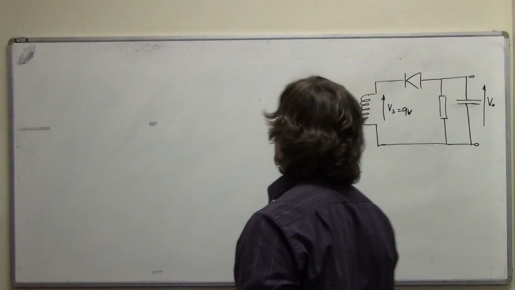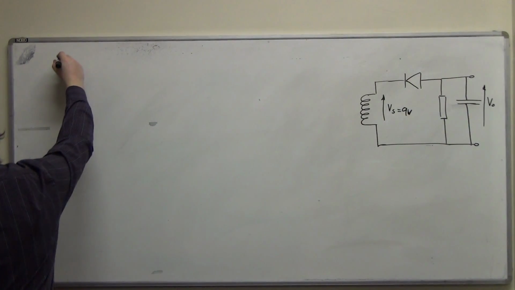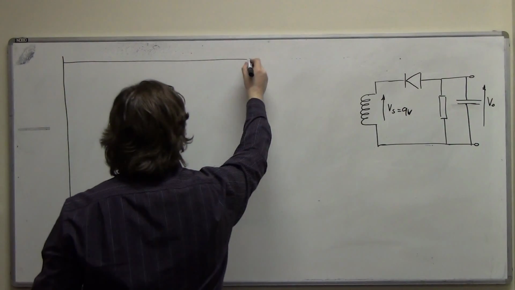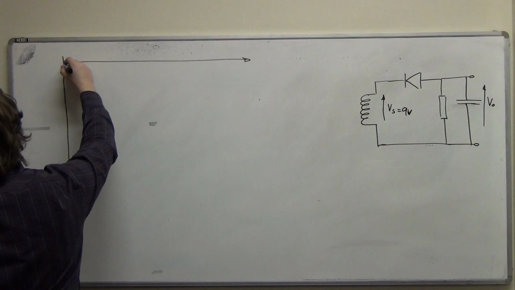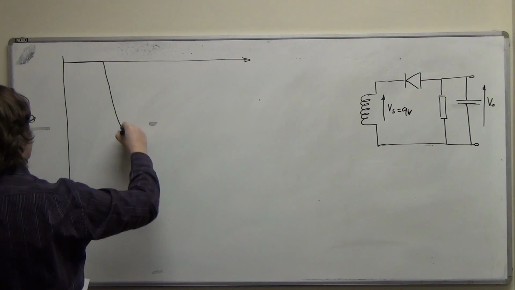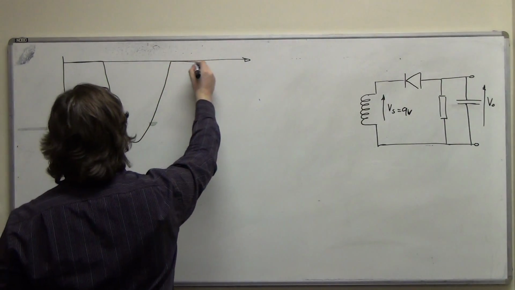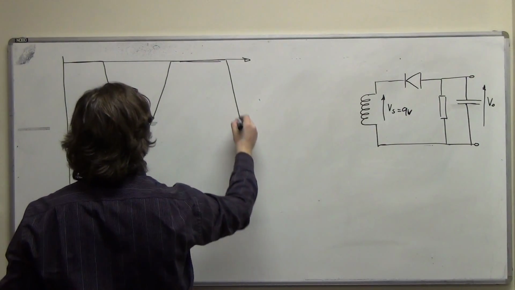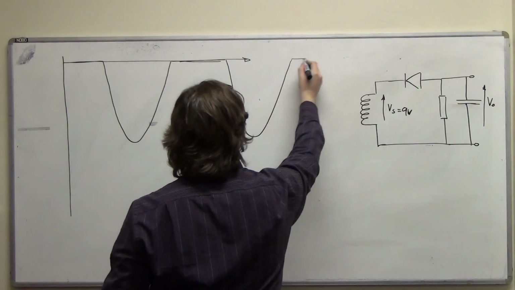Okay, well, let's draw the waveform that's going to be involved in this. We'll have nothing, conduction of the diode, and then a longer period of nothing, or same size period of nothing, and then conduction of the diode, and so on.